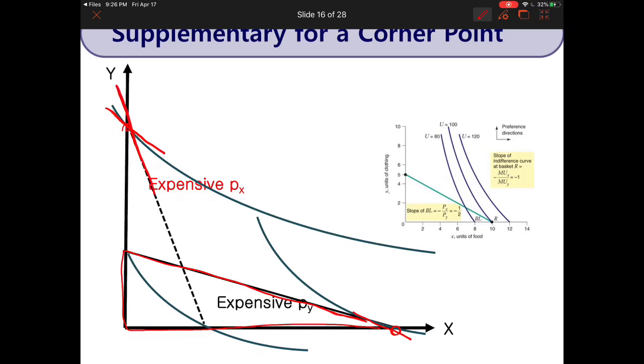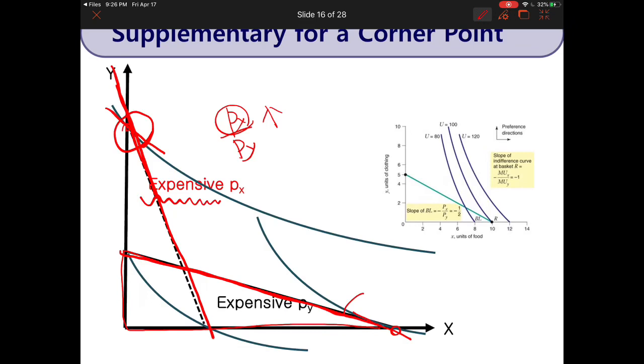That's what it says. And the characteristic here, right? The slope of the budget line here compared to this one is steeper, meaning the absolute value of the slope is greater, meaning px should be greater. It means px becomes more expensive.